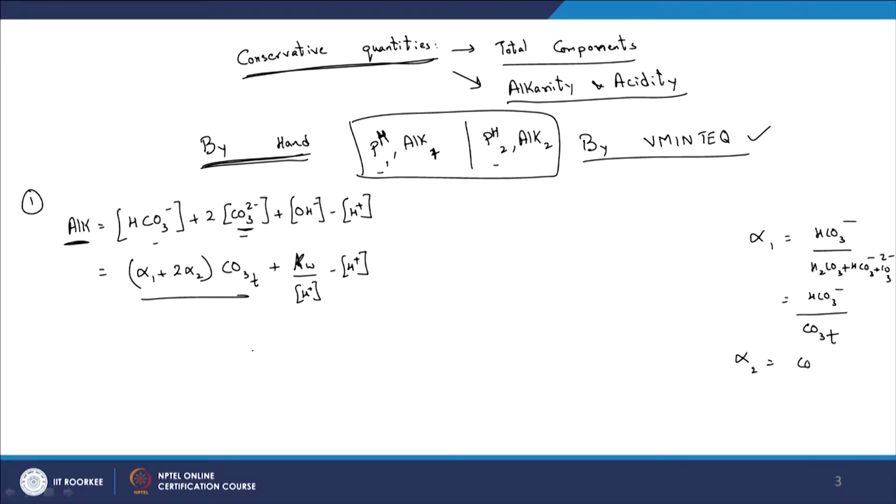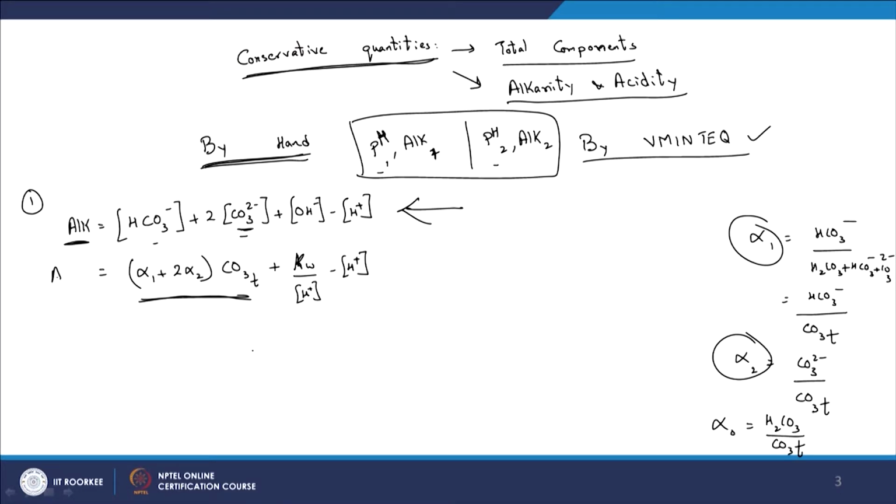It's going to be equal to CO3 2 minus by CO3 total. And while we are not using this particular alpha 0, let's see what that's equal to. That's obviously equal to H2CO3 by CO3 total, right, to refresh our memories. So again, plugging these values of alpha 1 and alpha 2 in this particular equation here, we end up with a simplified form, alpha 1 plus 2 alpha 2 into CO3 total, and so on and so forth.